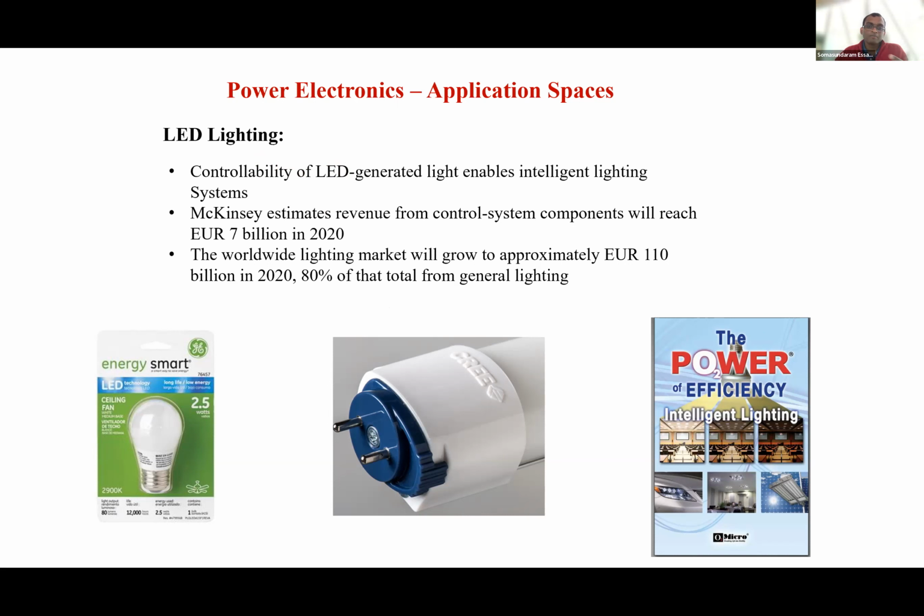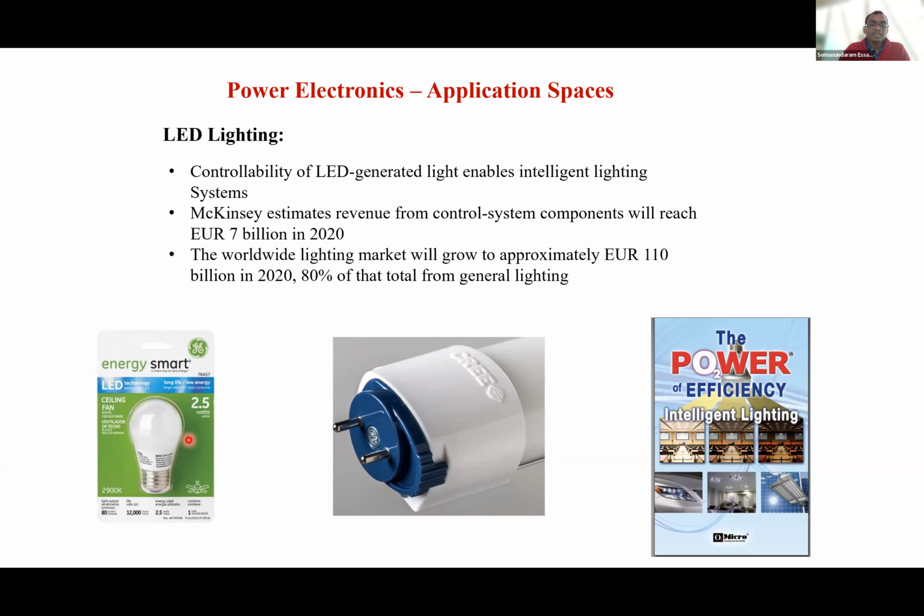But what some of us might not know is that these are power electronics driven systems. You can imagine a 60 watt or 100 watt bulb, and you can see this picture on the bottom left here. This bulb consumes only 2.5 watts instead of 60 or 100 watts.